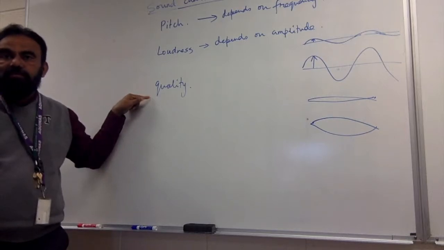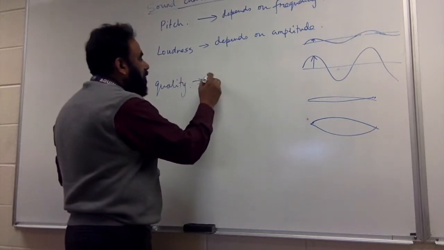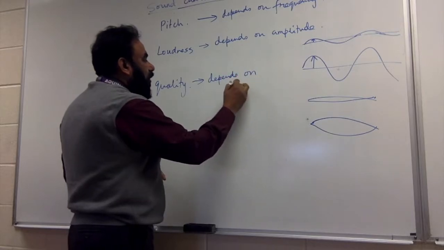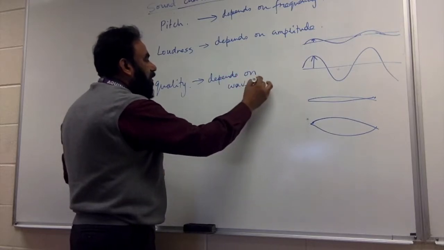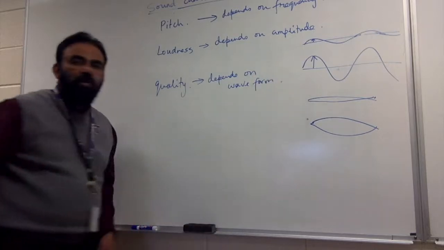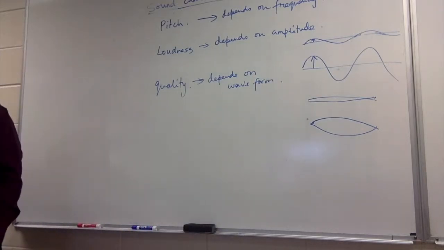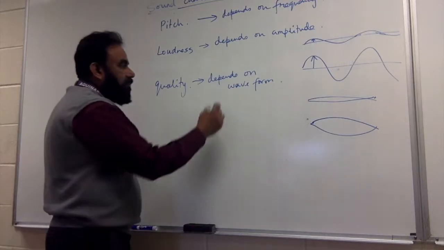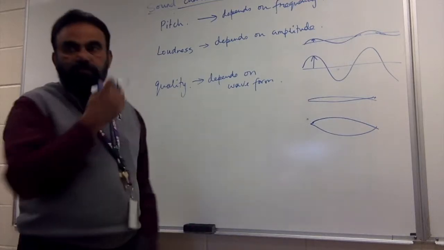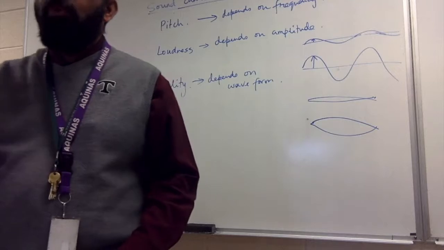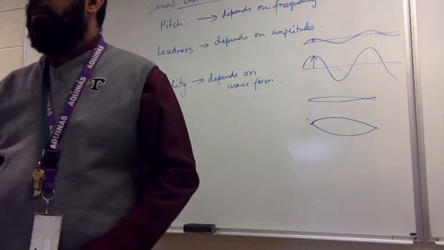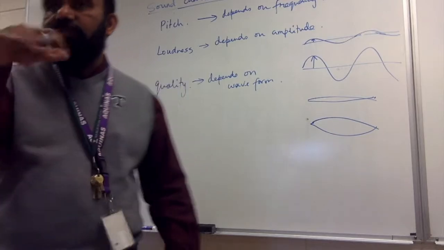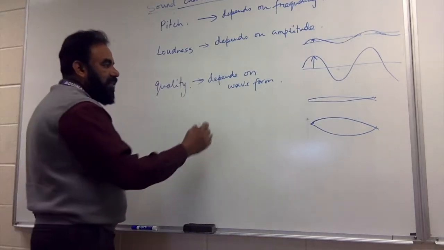Quality. Quality depends on what? Quality depends on waveform. Now what is a waveform? In a transverse wave, it's easy to show the waveform. But in a longitudinal wave, it is not easy to show the waveform because it is one-dimensional.